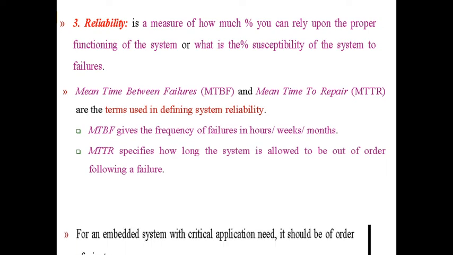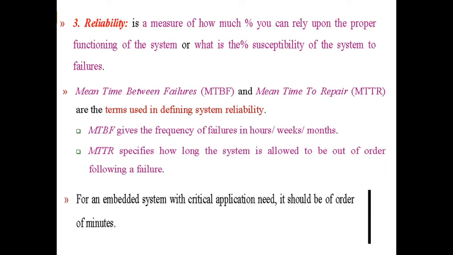The next is reliability. Reliability is the measure of how much you can rely upon the proper functioning of the system, or what is the percentage susceptibility of the system to failure. Here two terms are used: mean time between failures and mean time to repair.